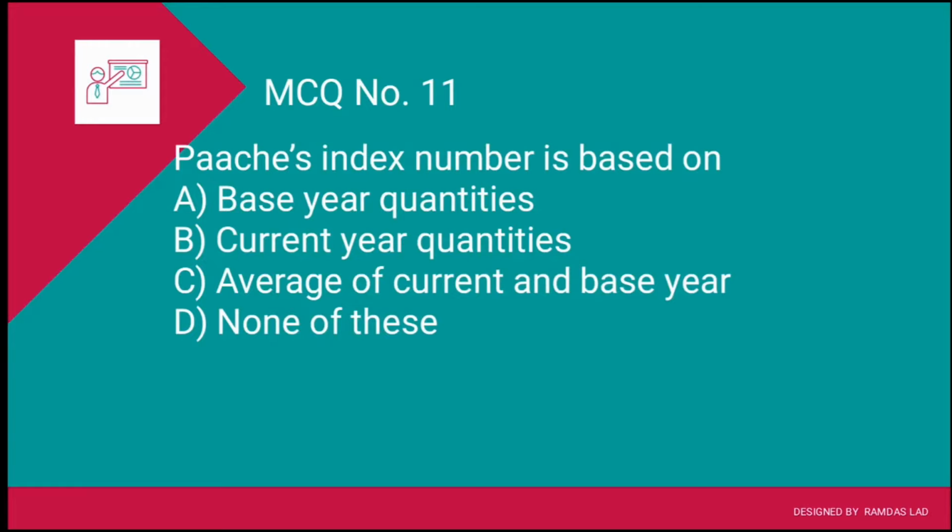So here please see the formula for calculation of Paschal's index number, then you will get the answer. So in this formula, base year quantities are considered. It means the correct answer is option A, base year quantities.